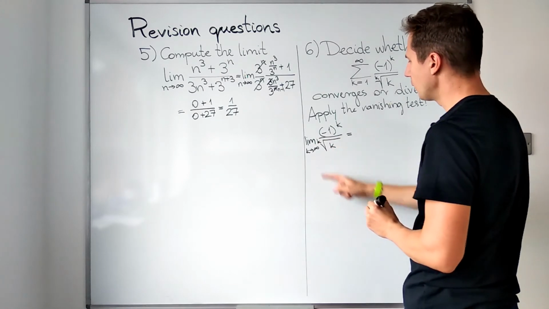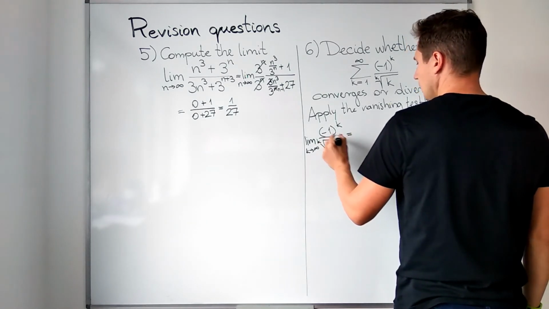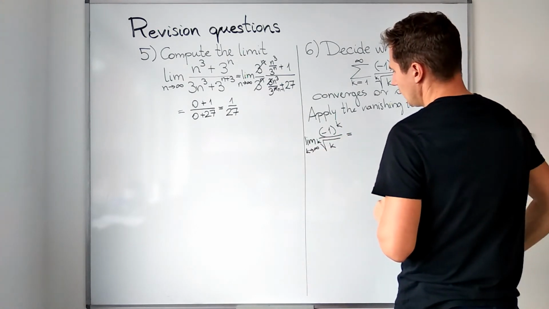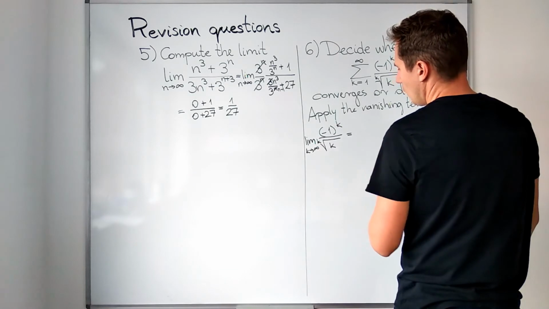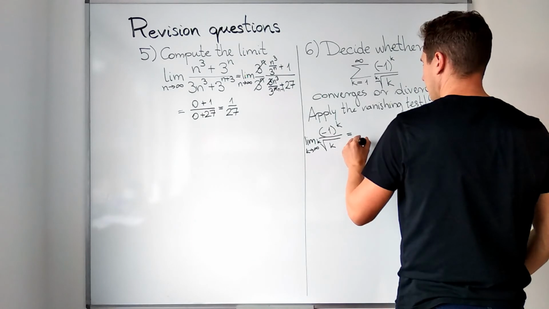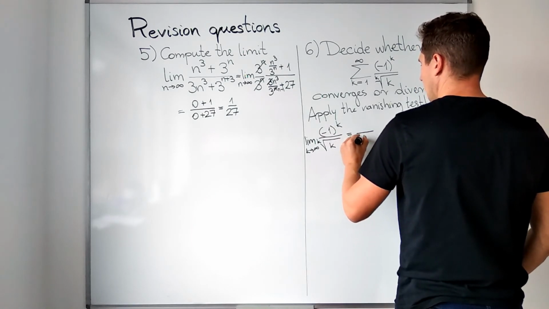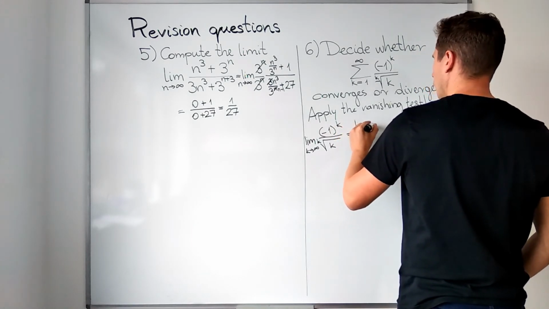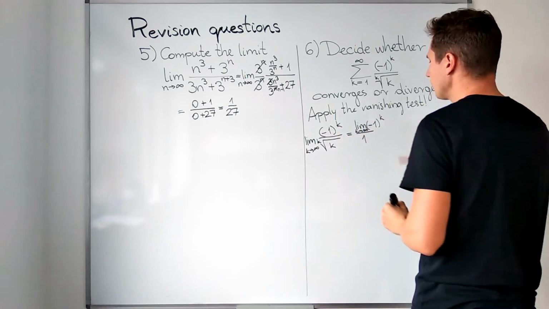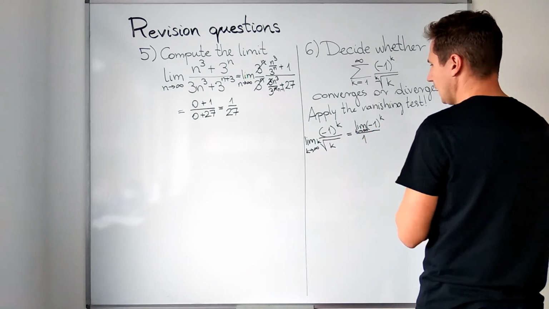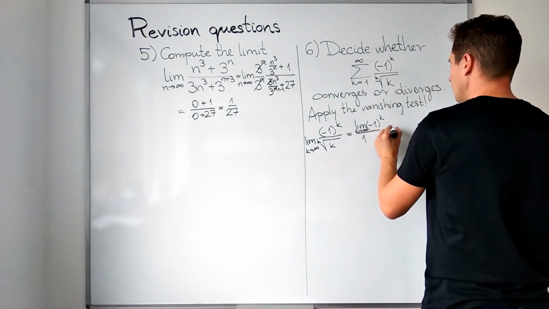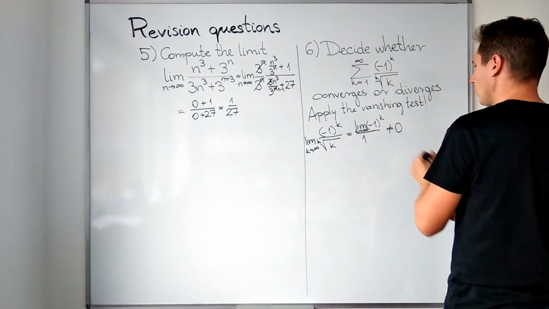Well, all we have to remember is that the limit of the kth root of k is equal to 1. And the limit of minus 1 to the power k as k goes to infinity does not exist. Okay, so this limit does not exist, so it's definitely not equal to 0.